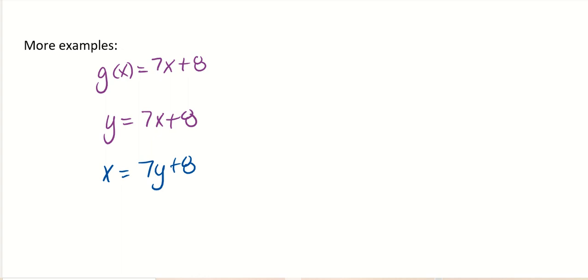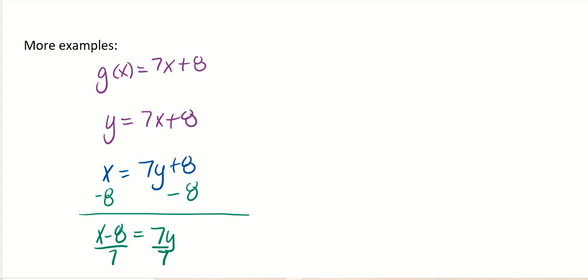Then our next piece would be to solve for y. So that means now we are going to subtract the 8 from both sides, and x minus 8 equals 7y. Last but not least, we are going to divide both sides by 7.